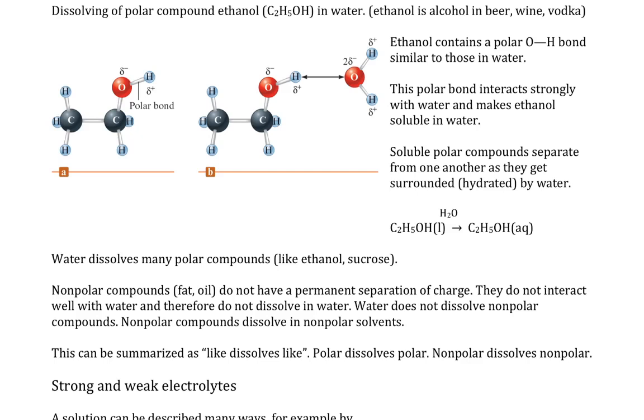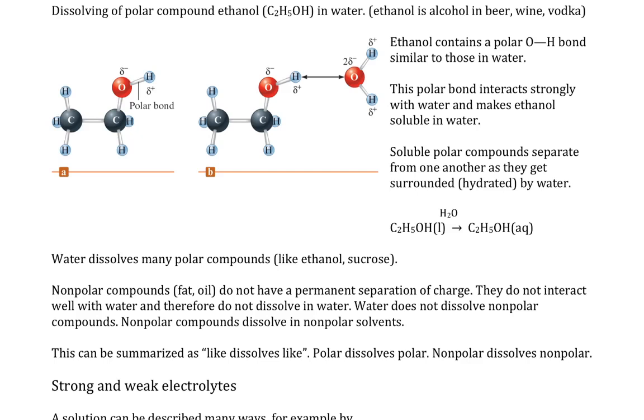And in that sense, the O is partially negative charged, the H is partially positively charged. It is a polar molecule, and it can interact well with water. So this polar bond, this OH bond of ethanol, interacts strongly with water and makes ethanol completely soluble in water.